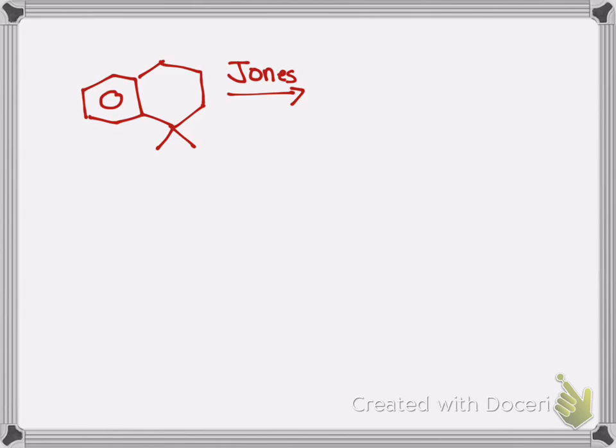What's going to happen? This one's going to get cleaved, and this one's not. This is going to be a carboxylic acid. I'm pretty sure this ends up staying as a carboxylic acid, right? It's going to split at that point, so you can cleave it off. But the other side doesn't oxidize. So you can oxidize one side, but you don't end up oxidizing the other side. Okay.